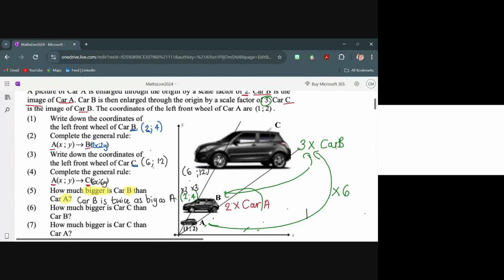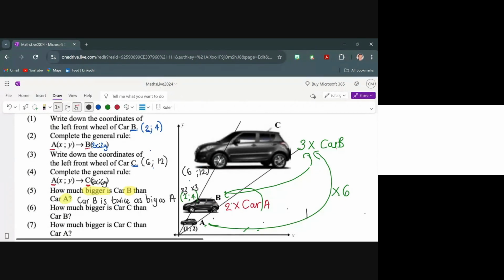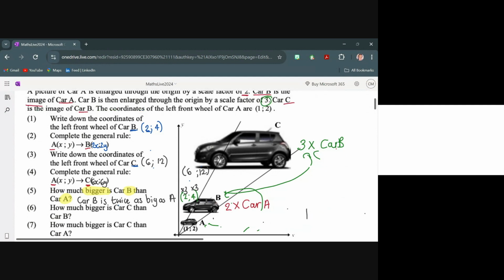Right? And then the next question says, how much bigger is car C than car B? What do we notice? Remember, we're comparing car B and car C. We are comparing car B and car C, and my handwriting is just getting out of control.